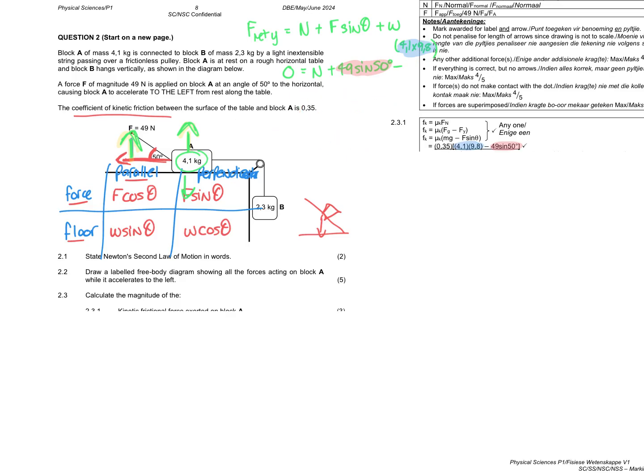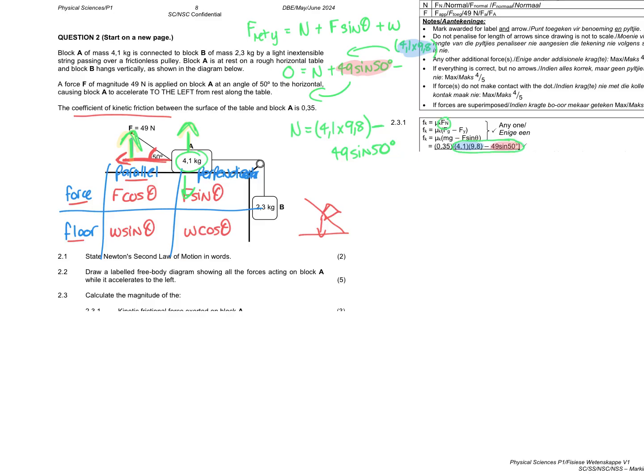So if I carry on with that mathematically, if I move this one over to that side and this one over to that side, I end up with the normal force being equal to the weight, which is 4,1 times 9,8 minus 49 sine 50, which is what they've just put in here into this formula in the place of n.